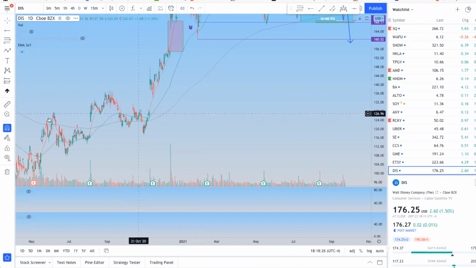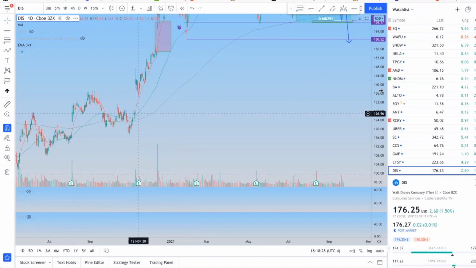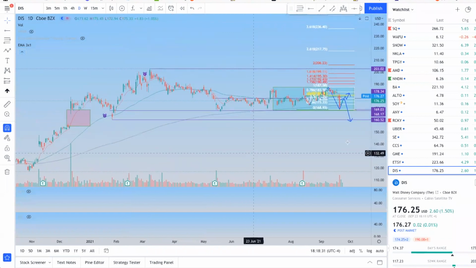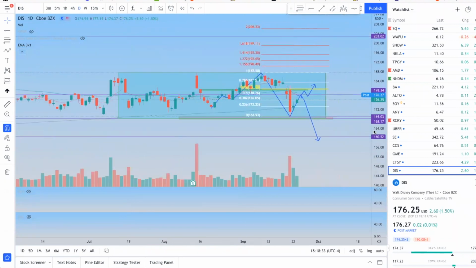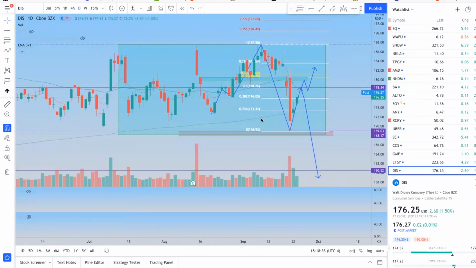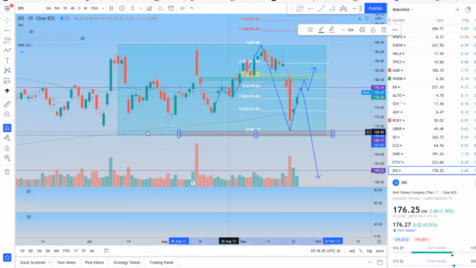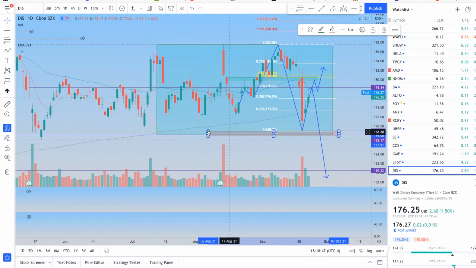Not here, but that's different. What I'm saying is for stocks like Disney, Apple, Microsoft, the 200 EMA is huge. You should look at it. That's why it paid off: you test it, you get that support. If you did your charting properly, you should know this is a massive support.